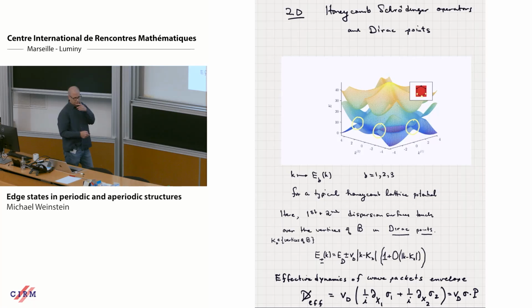To the question about non-uniform distortions, what happens is if the honeycomb is distorted, as I showed on the previous slide, then this operator, P1 and P2, gets replaced by P1 plus A1 and P2 plus A2, where A1 and A2 are effective magnetic potentials, which can be computed from the formula for the distortion. So you go from an effective Dirac equation to an effective magnetic Dirac equation.